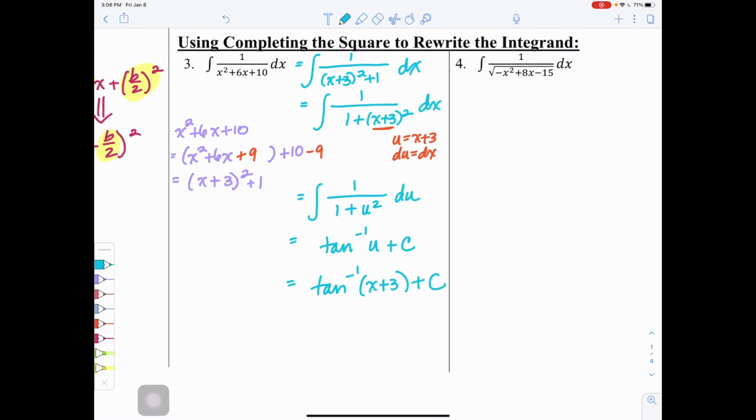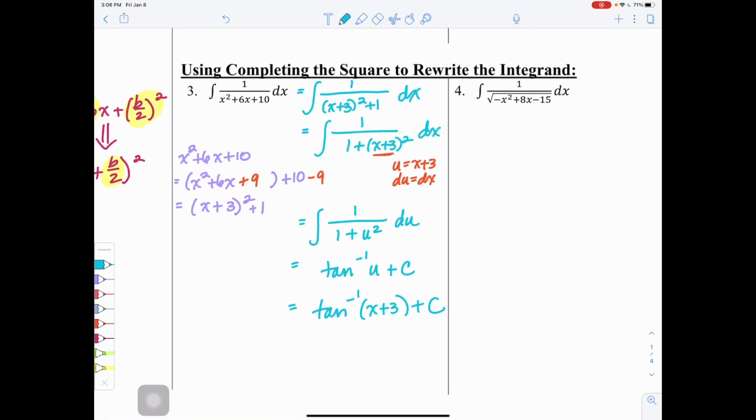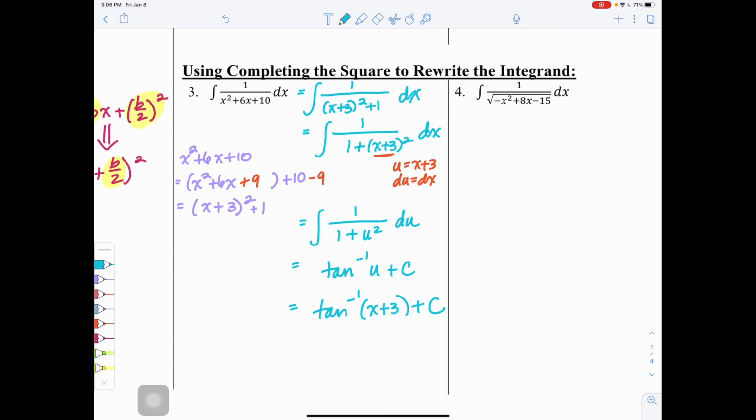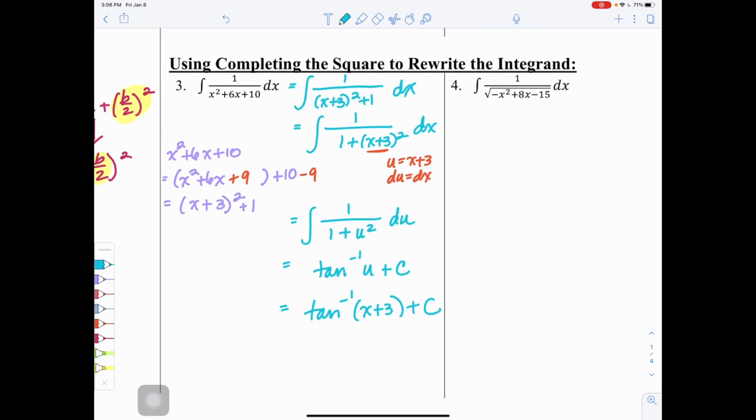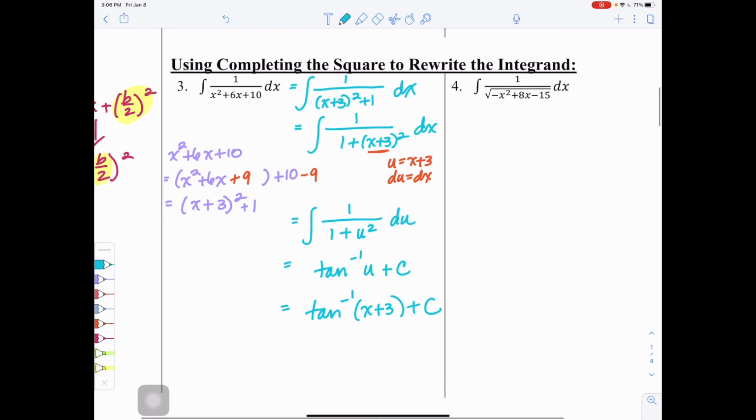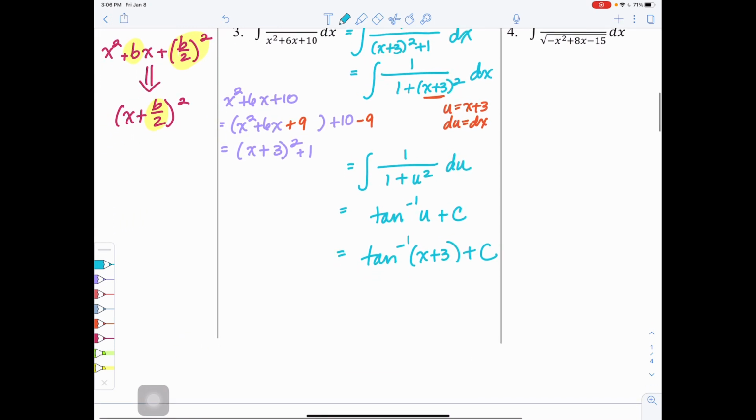Now, when you see a square root in the denominator and you're thinking about completing the square, it's not going to be a tan inverse. It's either going to be a sine inverse or a cosine inverse, okay? So if you remember, the derivative of the sine inverse of, I'll just use x, is equal to 1 over the square root of 1 minus x squared.